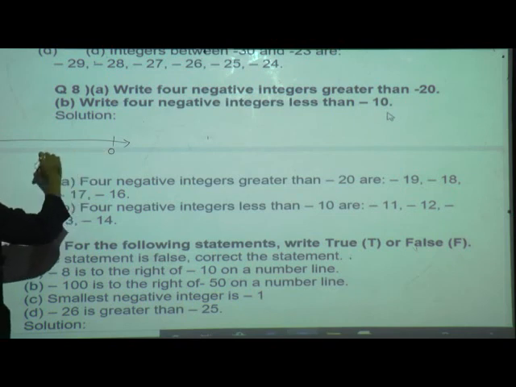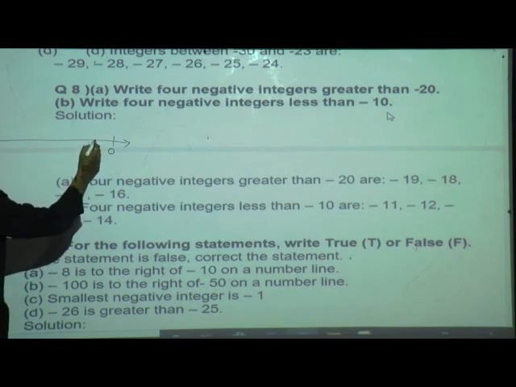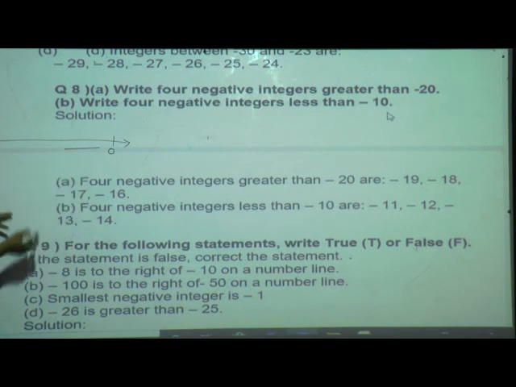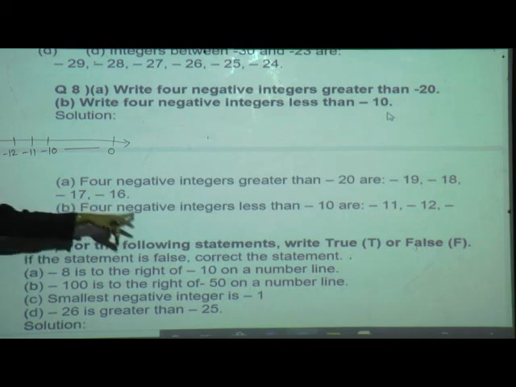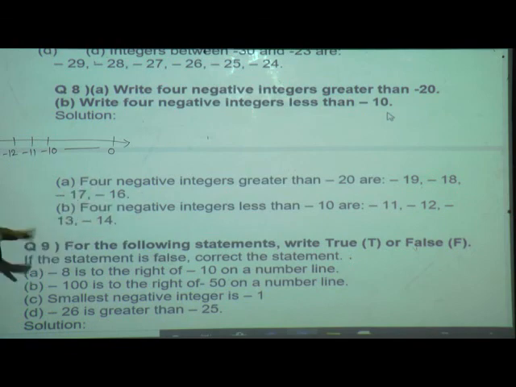So let us skip a few parts and start taking it from minus 10, minus 11, minus 12, minus 13, then minus 14 and minus 15. Okay, so we have to find the 4 negative integers less than minus 10.